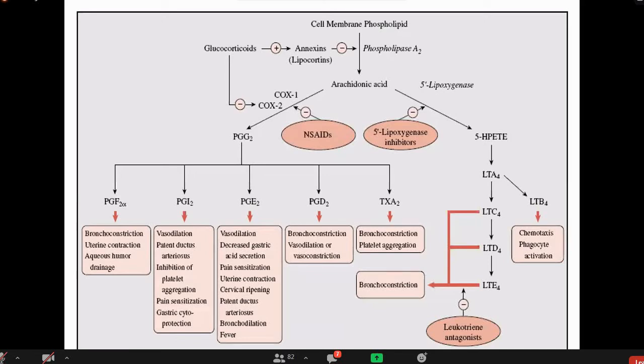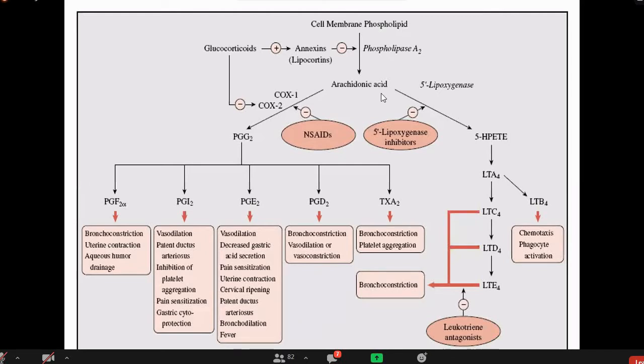Now this is the diagram. You can see the phospholipid, under the influence of the phospholipase A2 enzyme, converted into arachidonic acid, and arachidonic acid will enter two pathways. Either with the help of the cyclooxygenase enzyme it will enter the cyclooxygenase pathway, ultimately producing different prostaglandins, right?